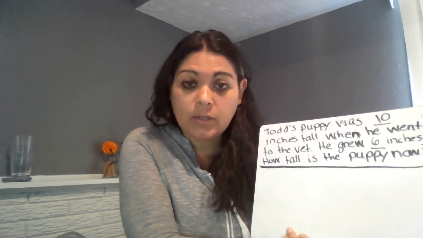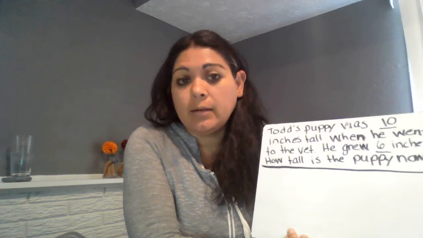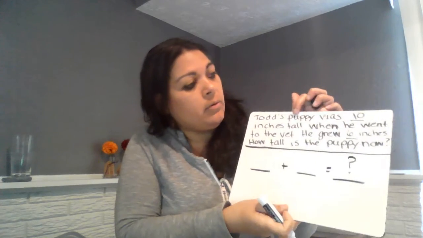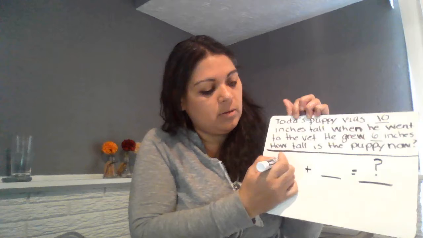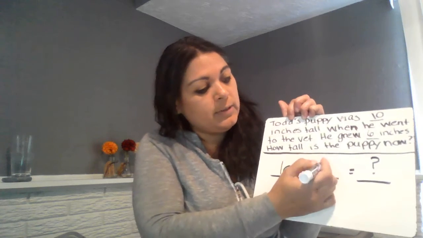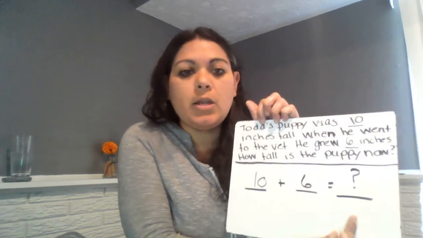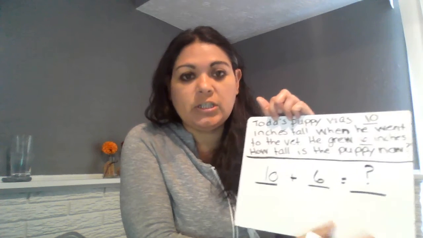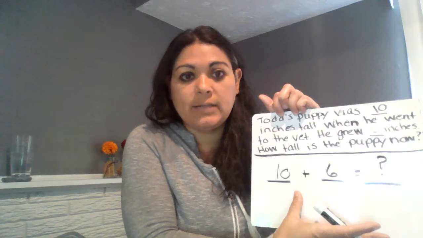When you created your equation, we wrote in the information that we knew. So we set up our equation like this. The first amount we knew, he is 10 inches tall. Then he grew 6 inches. So our unknown amount came at the very end. And then using different strategies, you found 10 plus 6 equals 14.